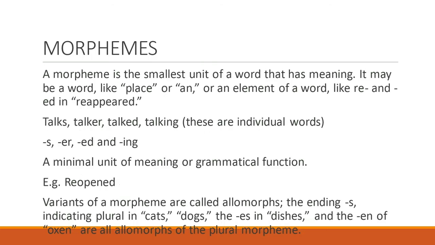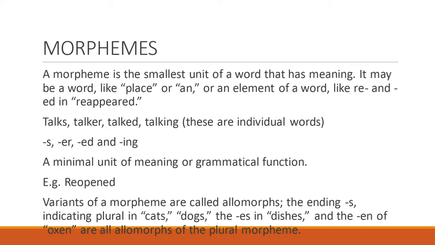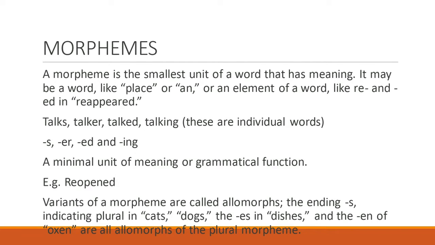Now let's have a look at morphemes. A morpheme is the smallest unit of a word that has meaning. It may be a word like place or an element of a word like re and ed in repaired. So for example, we can look at talks, talker, talked, talking.